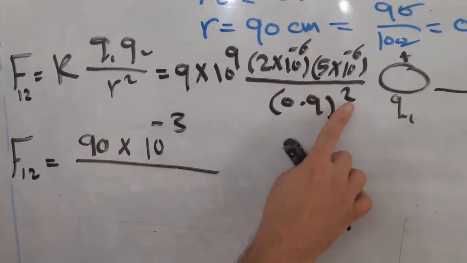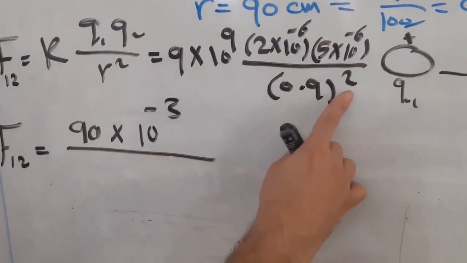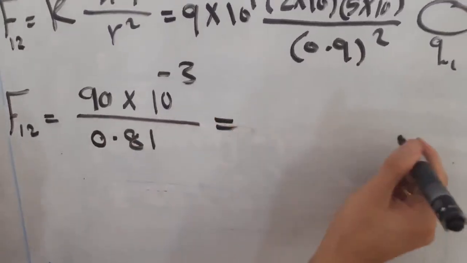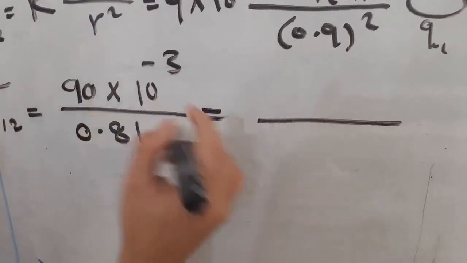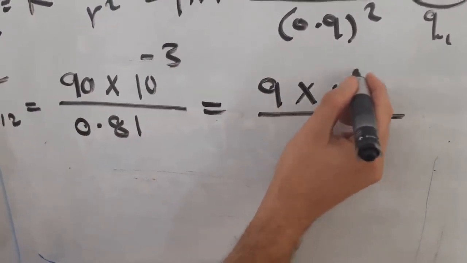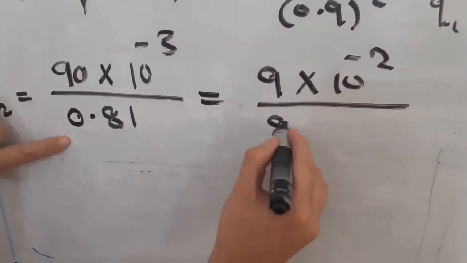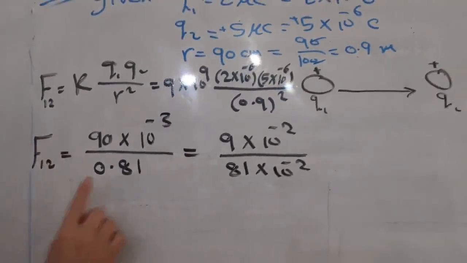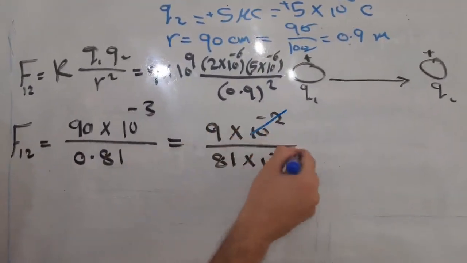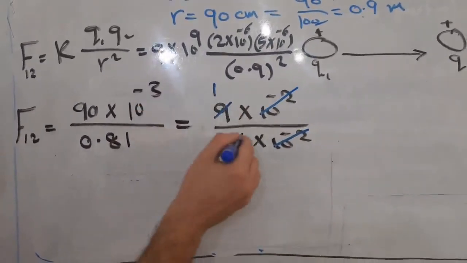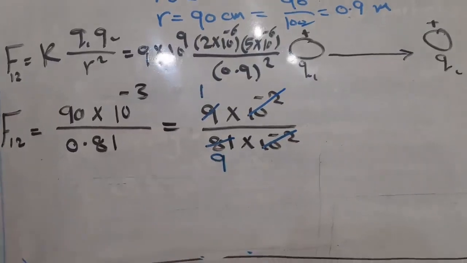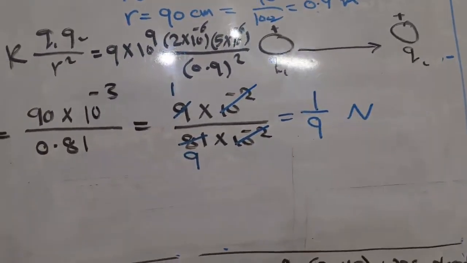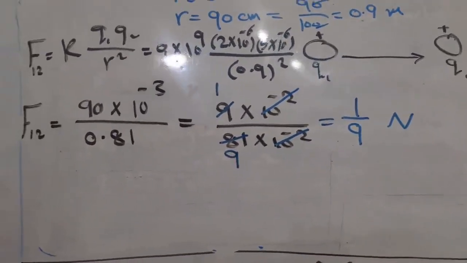Over 0.9 square, which equals 0.81. Then 90 times 10 power minus 3 over 0.81 equals 1 over 9 Newton. Okay, this is F1 on 2.